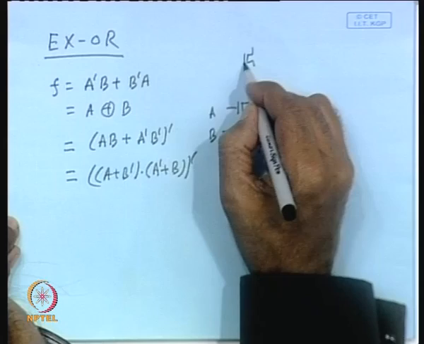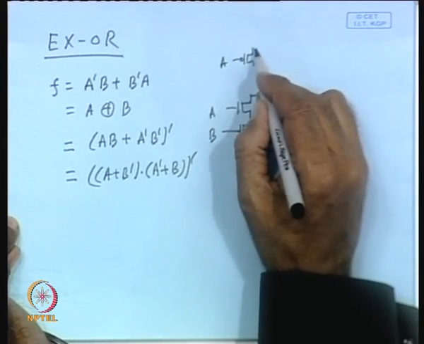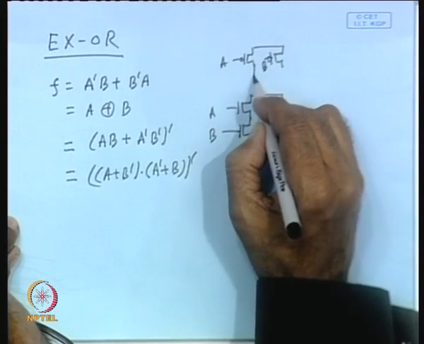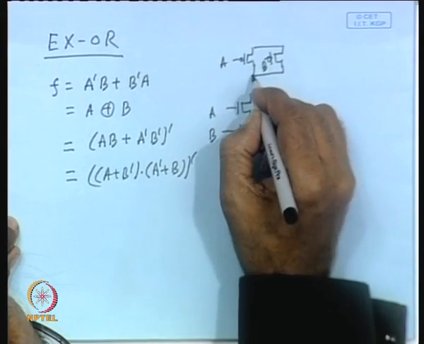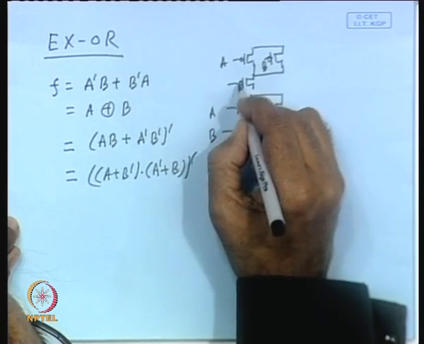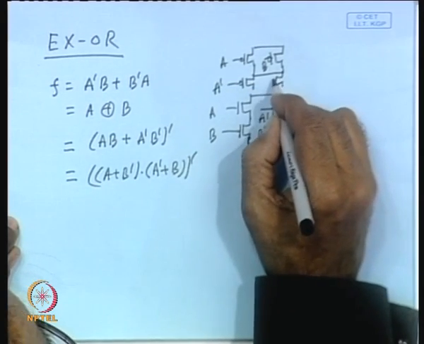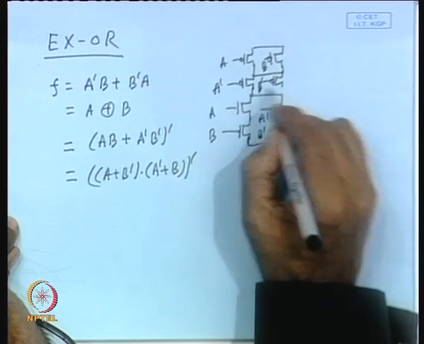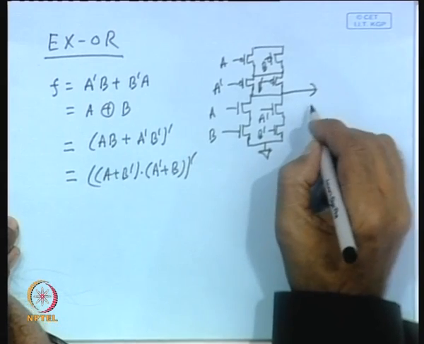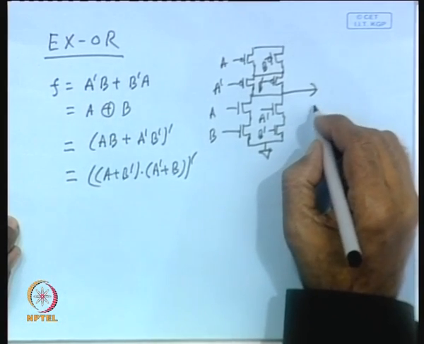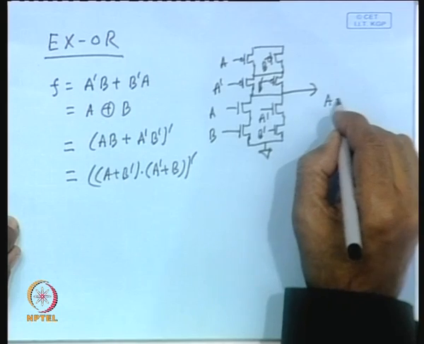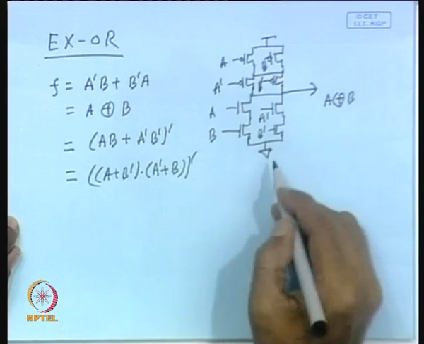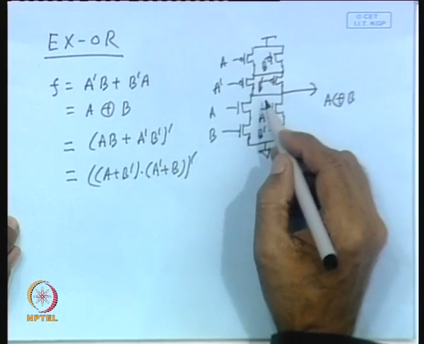So, A, B, similarly A dash, B dash, A dash, B dash, and you will take output from here. So, this is realizing A exclusive OR B using AND-OR-invert topology.